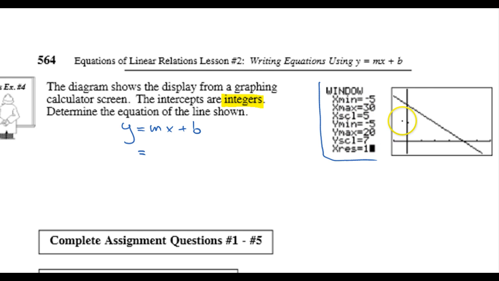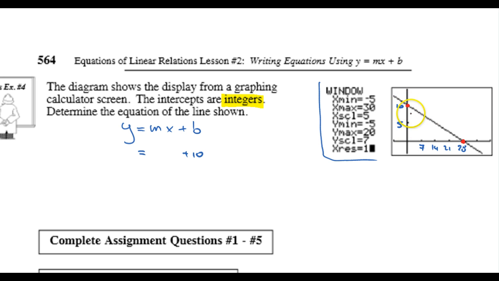So the y scale, this is 5, this is 10, so the y-intercept is 10. On the other hand, this is 7, 14, 21, 28, and so on. So I'm interested in this point over here to get my rise over run.